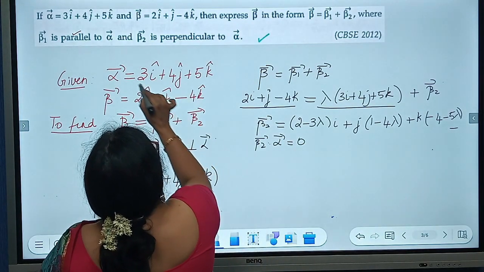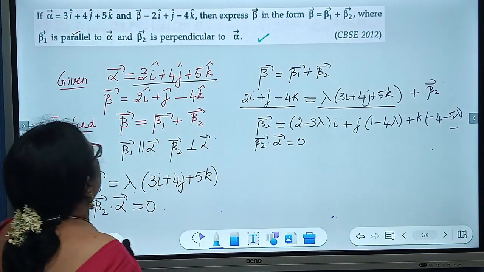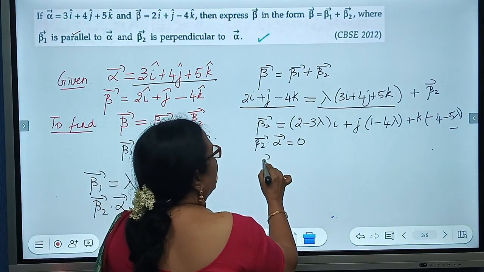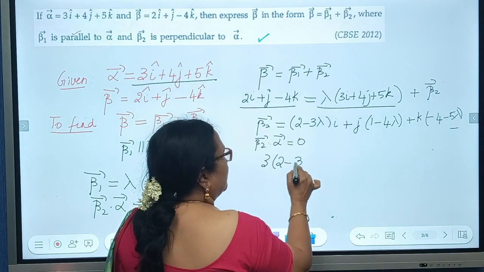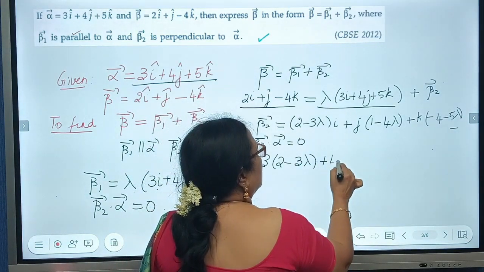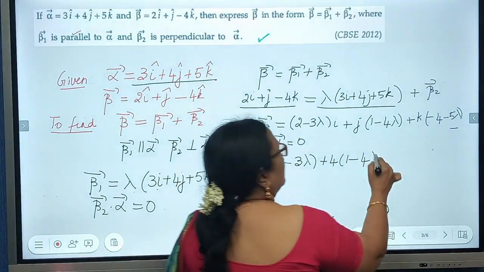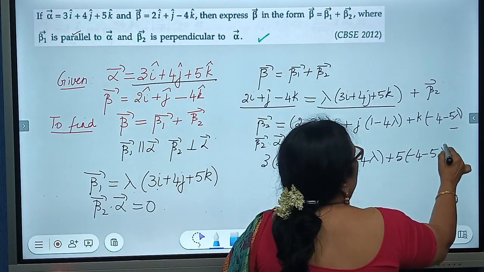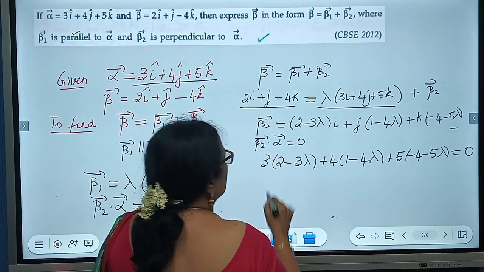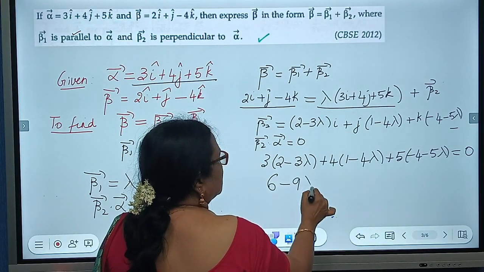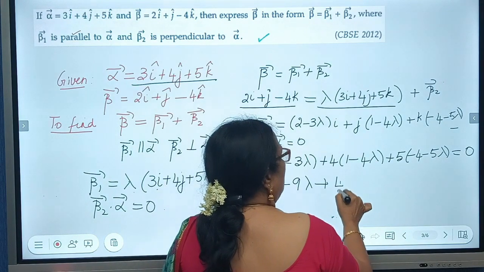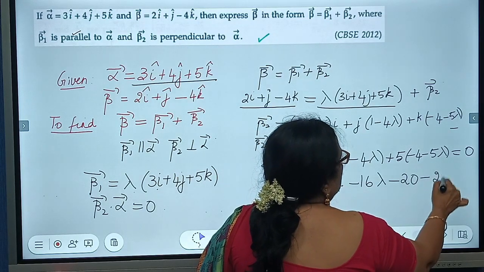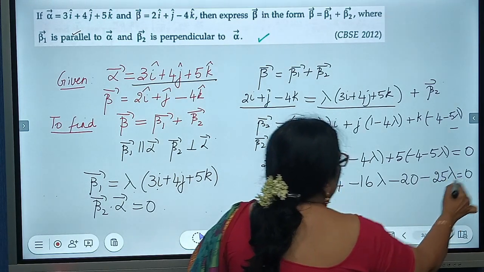So what are the components of alpha vector? What are the DRs? 3, 4 and 5. So 3 times 2 minus 3 lambda plus 4 times 1 minus 4 lambda plus 5 times minus 4 minus 5 lambda equal to 0. Simplifying, 6 minus 9 lambda plus 4 minus 16 lambda minus 20 minus 25 lambda equal to 0.